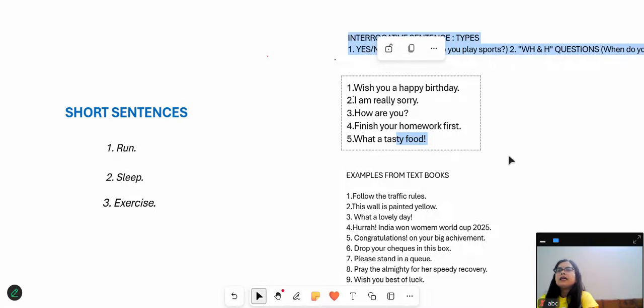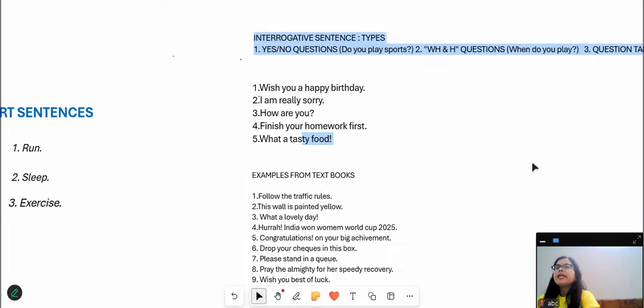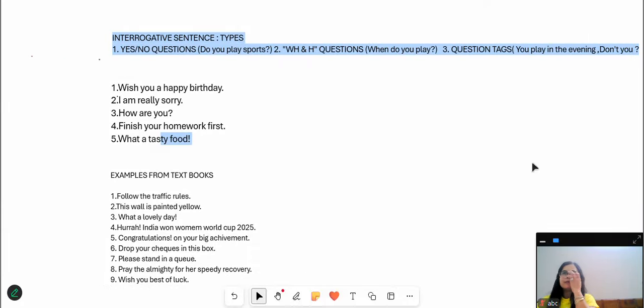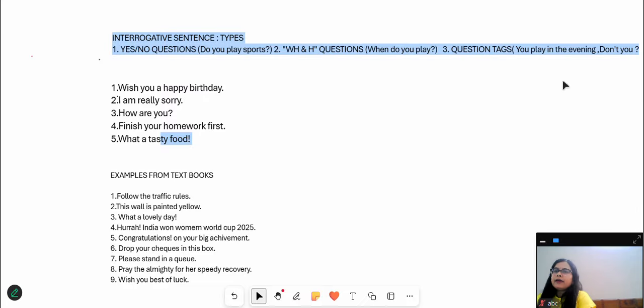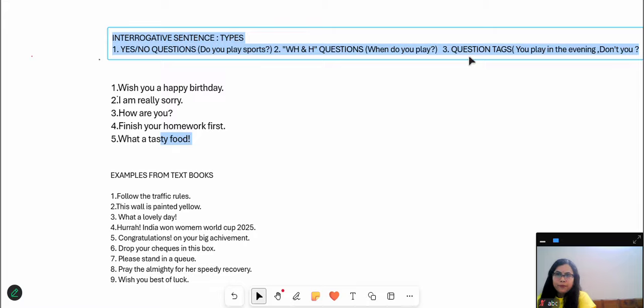Now you can see that I have written interrogative types of sentences. Dear friends, interrogative type of sentences is further divided into three categories. They are yes or no type of questions, then there are WH and H type of questions, and there are questions with tags with them.